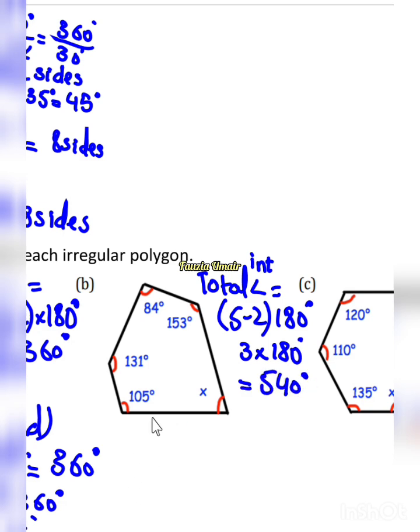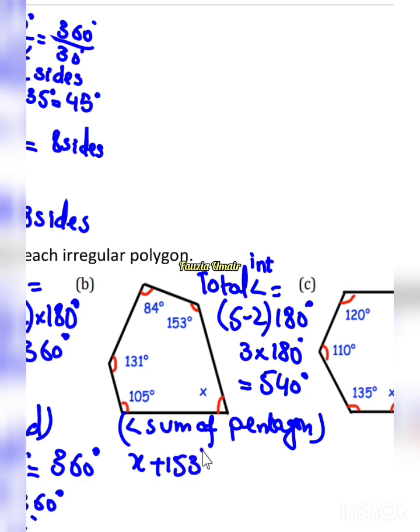All right. So now I will use the property angle sum of pentagon. If you cannot recall the name of the shape, you can just write down polygon here instead of pentagon. So I need to add all the 5 angles: x plus 153 plus 84 degrees plus 131 plus 105 degrees.